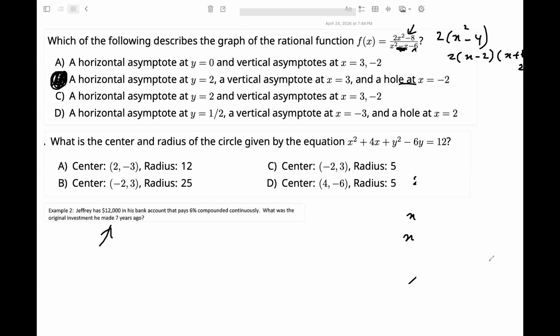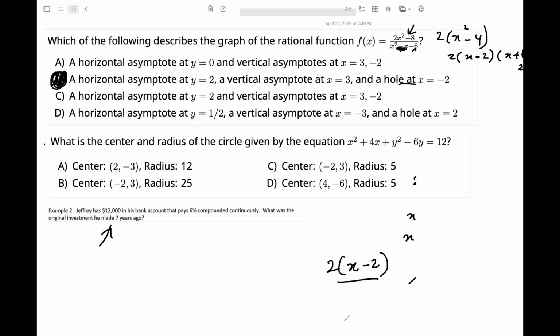And when you look at this, this is the vertical asymptote. Vertical asymptote at x equal to 3. And this is your horizontal asymptote. Horizontal asymptote is at, sorry, the denominator tells of, okay. So here this becomes 2 times x minus 2 by x minus 3.